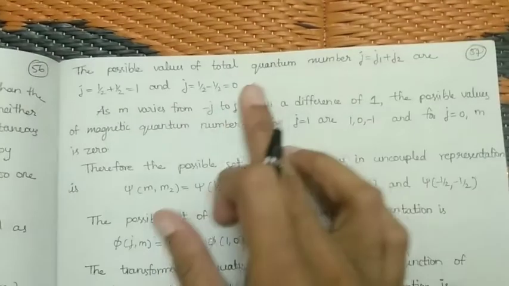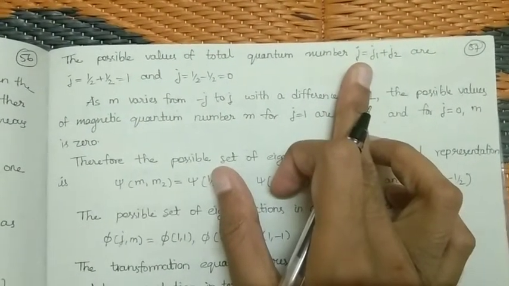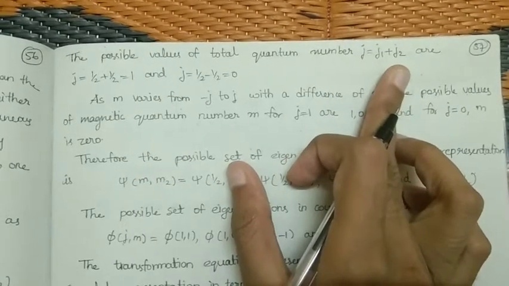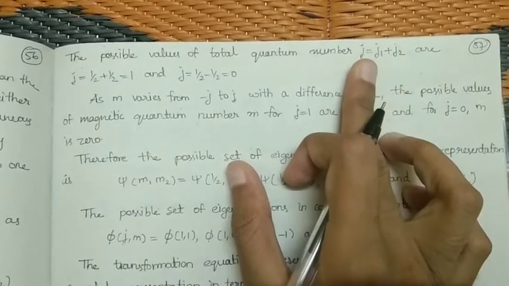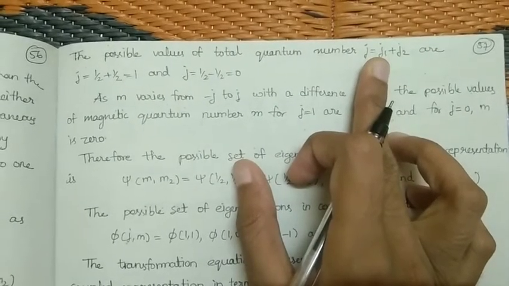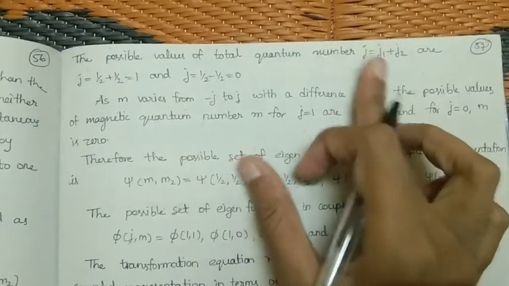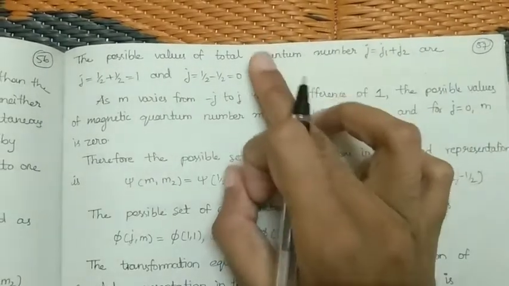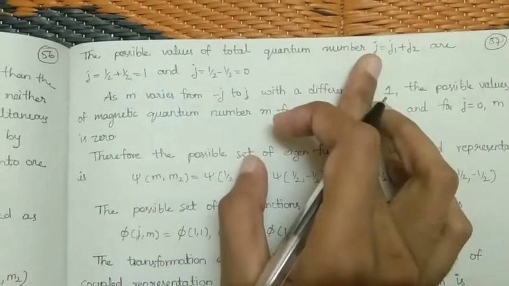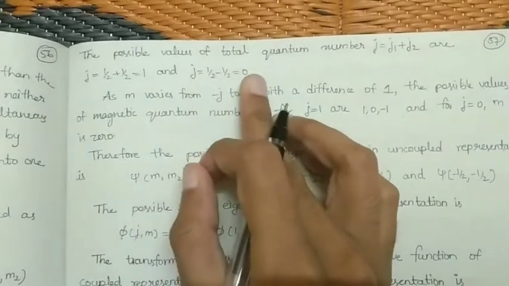And now the possible values of total quantum number J is equal to J1 plus J2. So J is nothing but total quantum number, that is total quantum number of first electron and total quantum number of second electron, both added together for that particular system. It gives the total quantum number. For J we have half plus half, that is 1, and half minus half, 0.